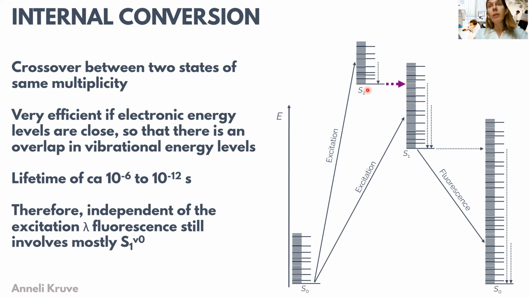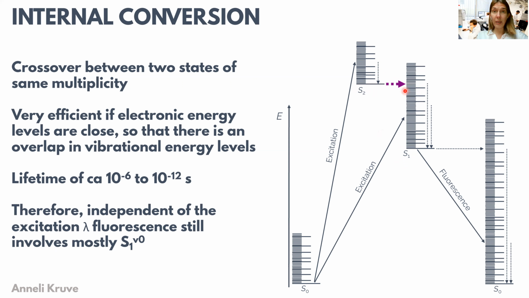So the S2 V0 is overlapping with S1 V10. This means that they are very close in energy, and the molecule can go from S2 V0 to S1 V10.